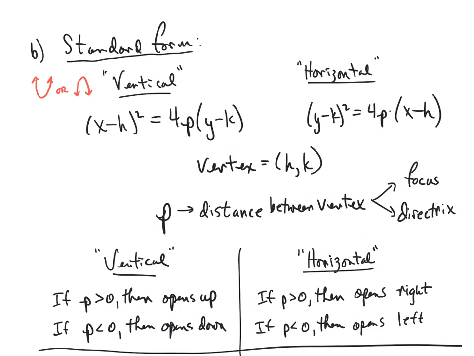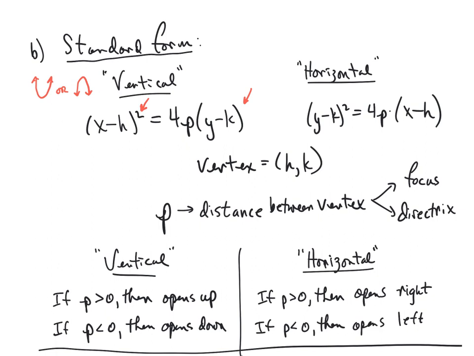Please notice power of 2 around the x's, power of 1 around the y's. The equation again: x minus h quantity squared is equal to 4p times y minus k to the first power. Okay?